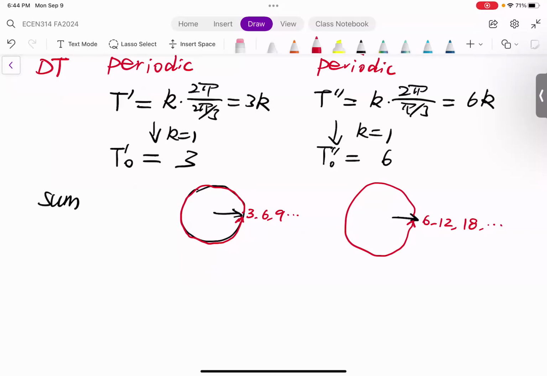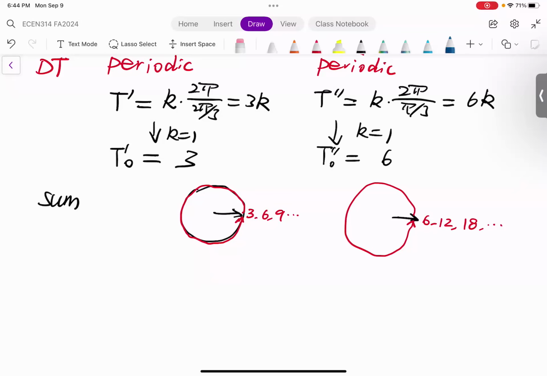So in general, any common multiple of 3 and 6 would work. For instance, 18 would work because the left signal will rotate 6 times and the right signal will finish 3 cycles. So as long as we have common multiples of the two, we are fine.